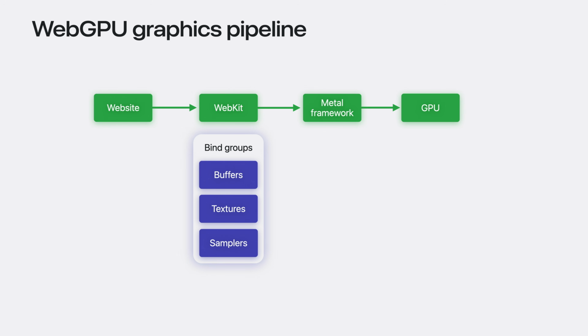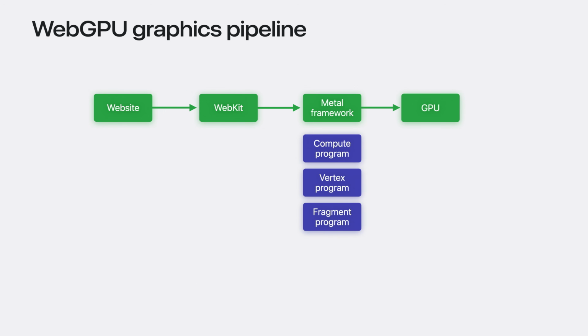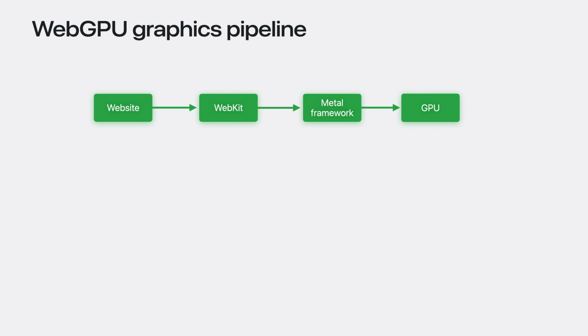Under the hood, these are all packed into an argument buffer, which is just a Metal buffer that holds references to the actual GPU resources. The programs themselves come from strings of code and get compiled into three main types: compute, vertex, and fragment programs. These are the actual instructions that run on the GPU, doing everything from calculations to rendering pixels on the screen.